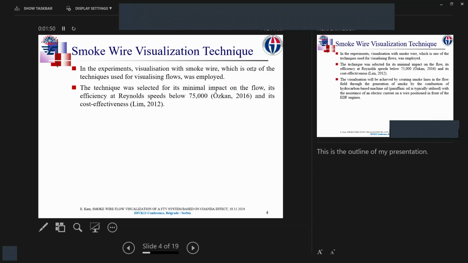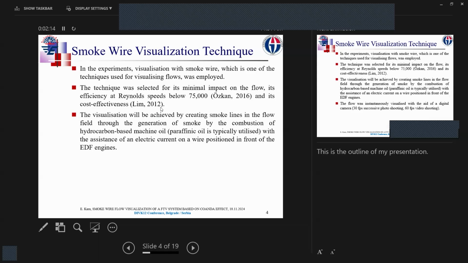It is very small, 0.2 millimeters in thickness, nickel based. Its efficiency at Reynolds number below 775,000 was demonstrated by Özkan in 2016, and its cost effectiveness was checked by Lim in 2012. So it is selected in our study.